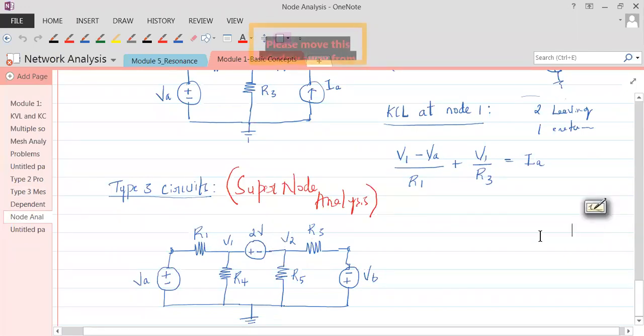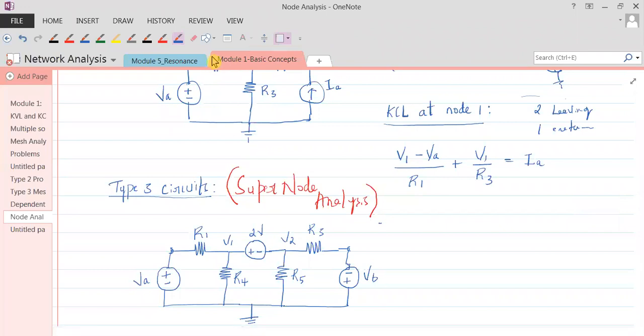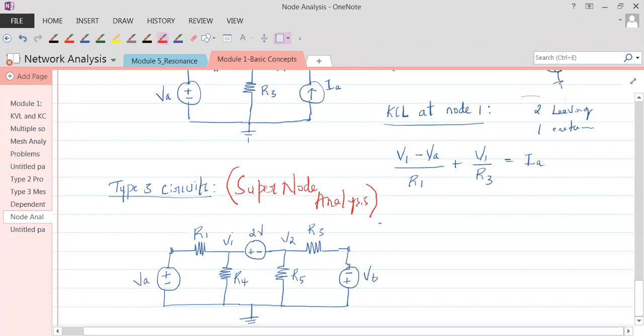So how to do that? See here, everybody. Let me take this color. Here we combine these two nodes. Earlier we were looking at node 1 and node 2.